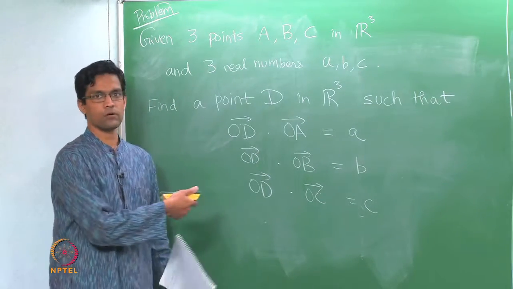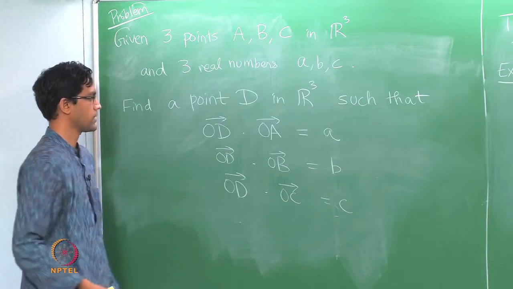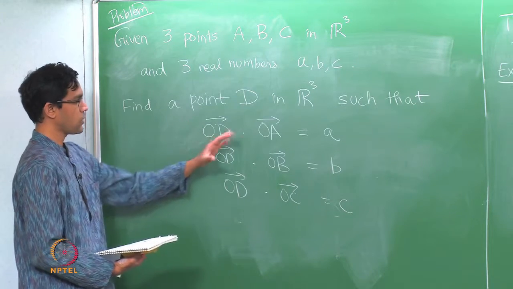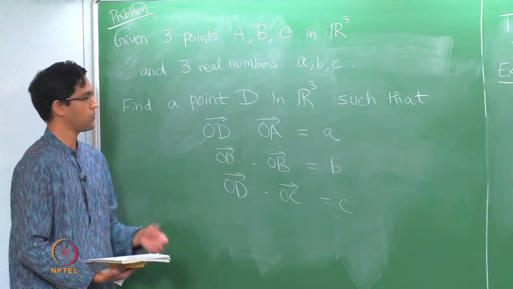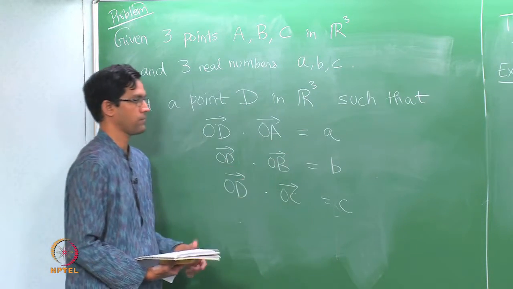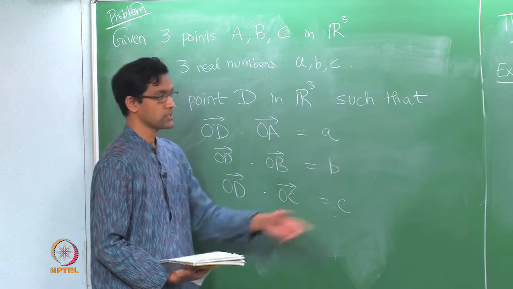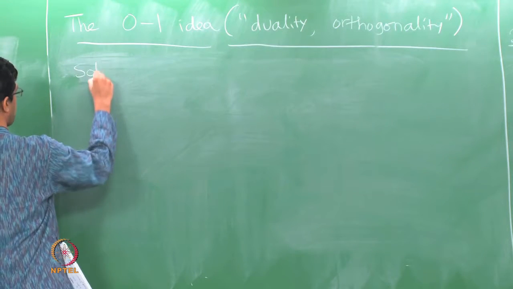So let us see what the 0 1 idea refers to in this context. It is the following: before we solve the general problem, in the earlier case we sort of found those special polynomials, right. So similarly here, let us solve a special version of this problem. Let us solve the case when A is 1 and B and C are both 0.